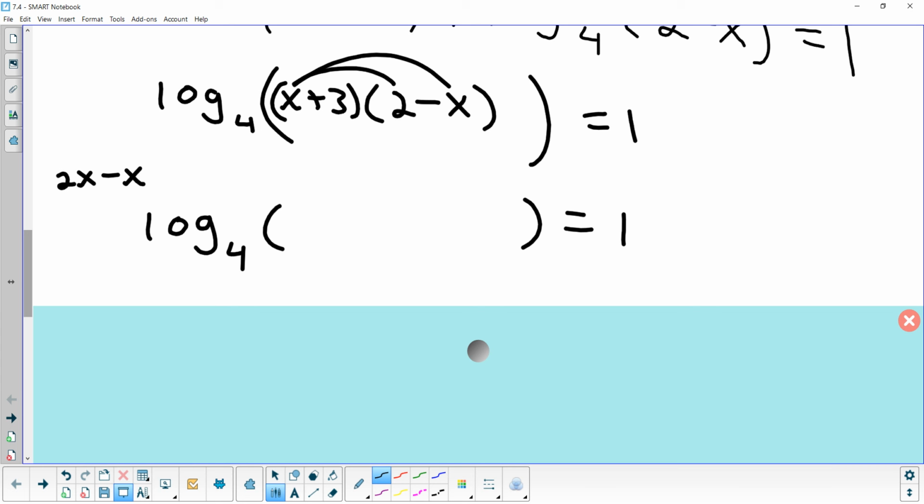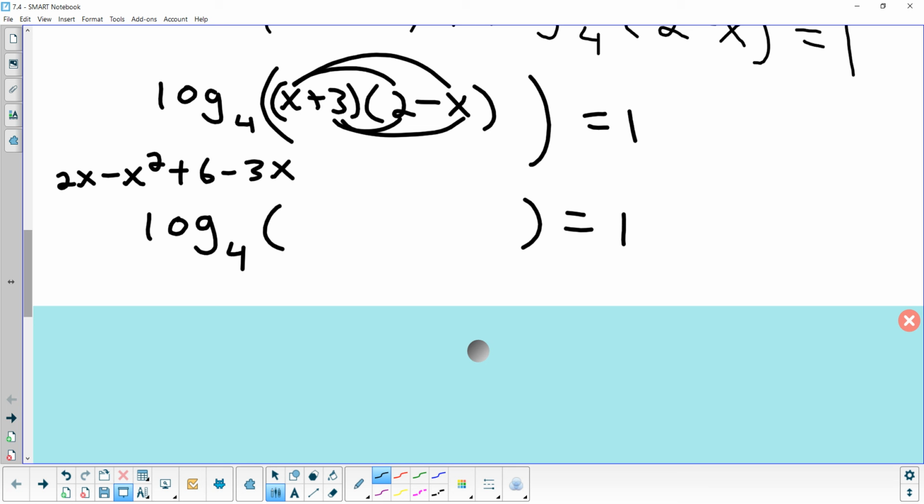And Jess, the inner, 2 times 3? 6. And the last, 3 times negative x. And Katrina, what's that? Negative 3x. Good. Okay, so we've got some like terms that we can combine.